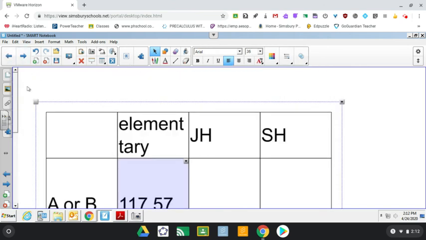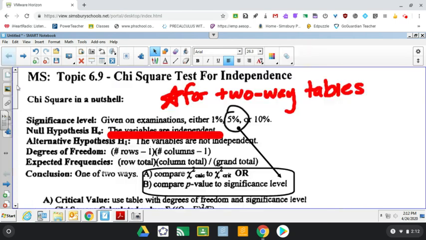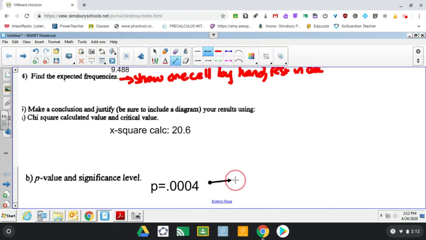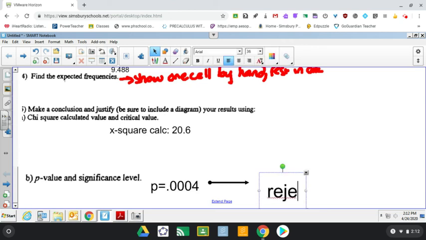So either way, when you figure out what this means, your final answer is going to be to say, we are going to reject, and you can just draw an arrow to this. You can reject your null hypothesis. Oops.